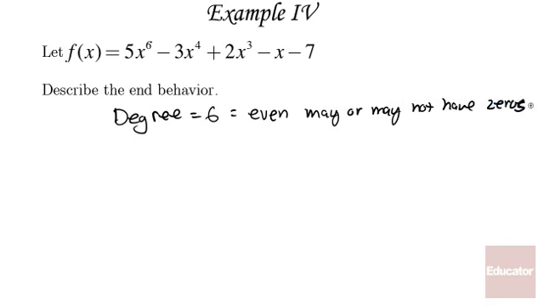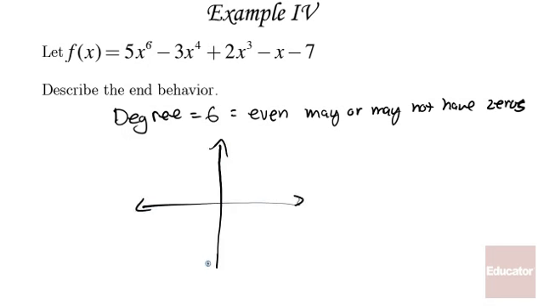Now, talking about the leading coefficient and the degree in a little more detail. The degree being even tells me that both ends will be up or both ends will be down. Okay?